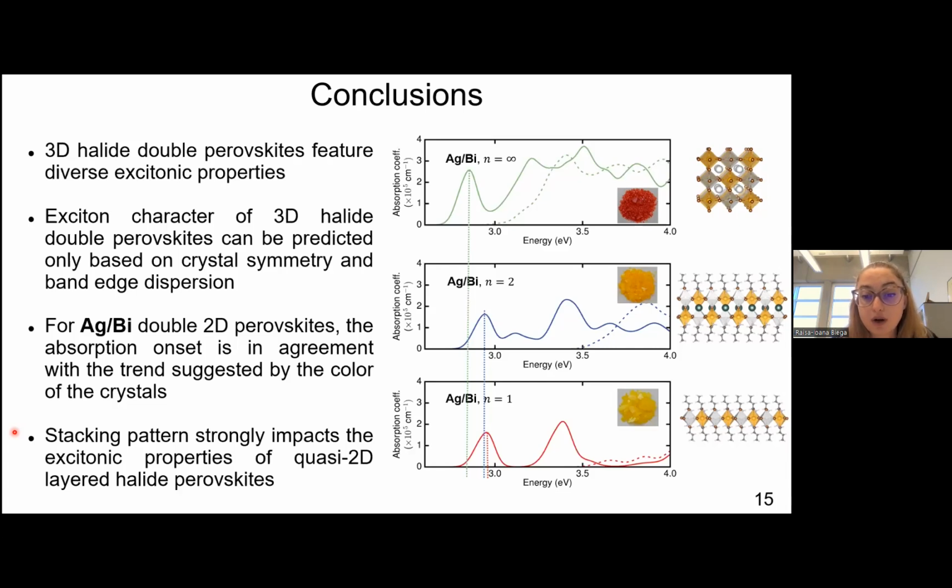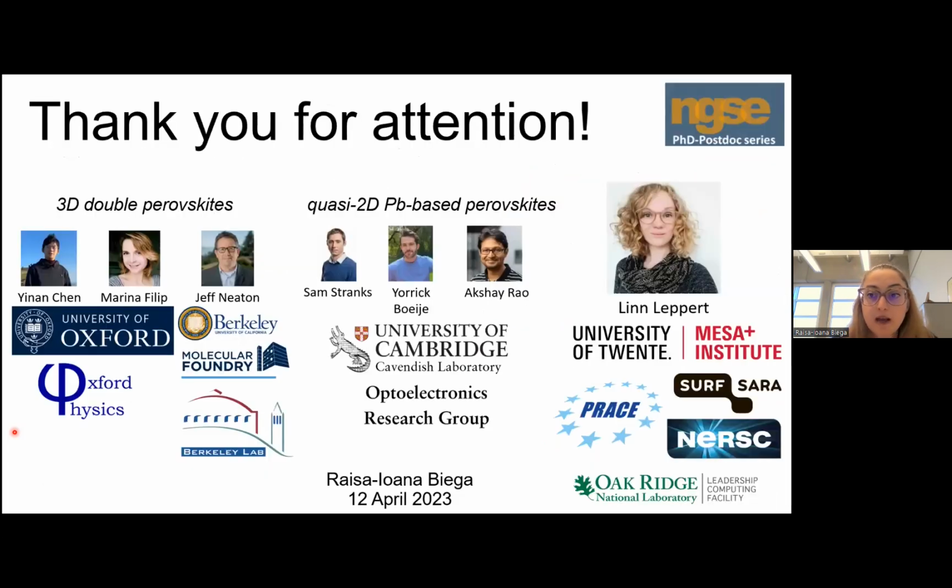And I also showed that the stacking pattern actually impacts the excitonic properties, and it has huge consequences for the value of the exciton binding energy in the silver bismuth double perovskites.